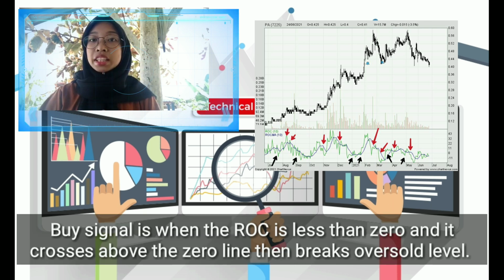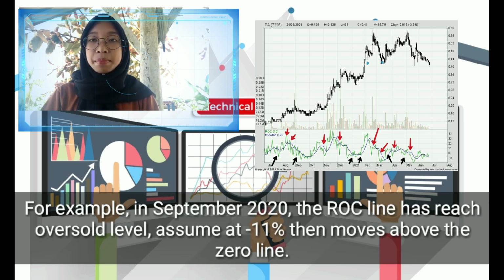A buy signal is when the ROC is less than 0 and it crosses above the 0 line, then breaks the oversold level. For example, in September 2020, the ROC line reached the oversold level, assumed at negative 11%, then moved above the 0 line.